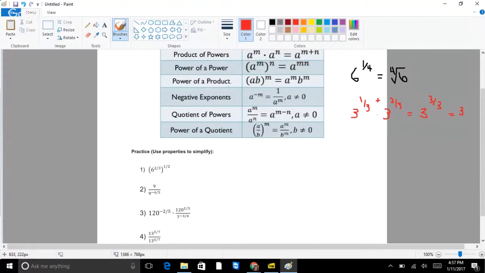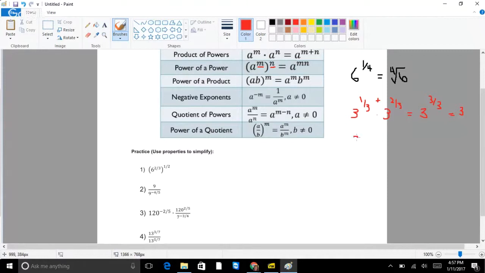Okay. We also have the product of a power of a power, which is when we have an exponent, a to the m, that's raised to another exponent. Okay. So when you're multiplying, you're going to add the exponents. When you have a power that's raised to another power, then you actually multiply these two together. Okay.